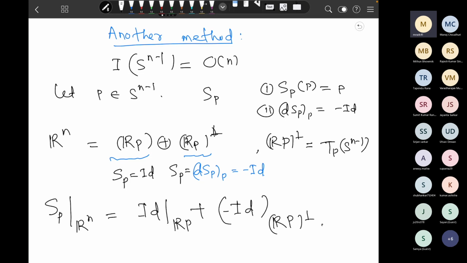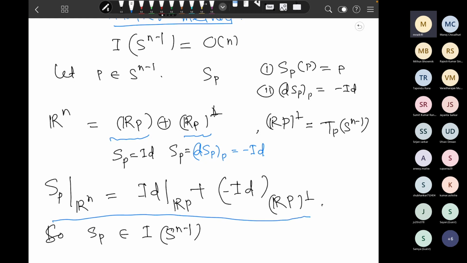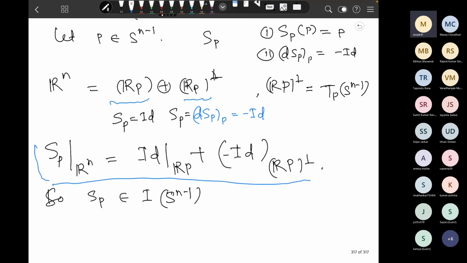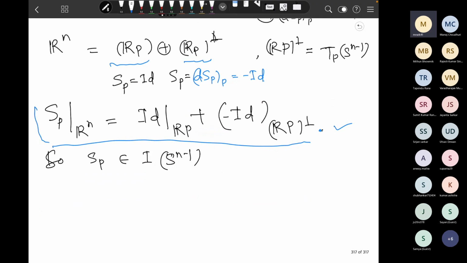And this really specifies the symmetry at the point P. By definition, SP is an orthogonal map, so SP belongs to O of n. This point itself proves that if somebody writes this line, SP on Rn is identity on RP plus minus identity on RP perp, then he is also saying that this Sn minus 1 is a Riemannian symmetric space.